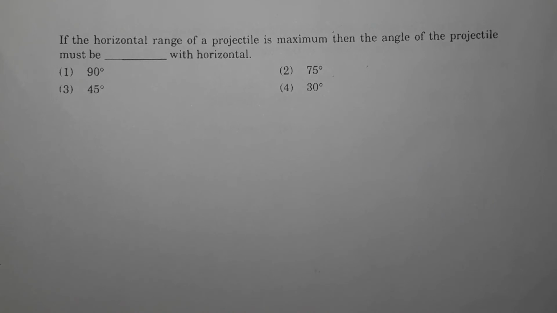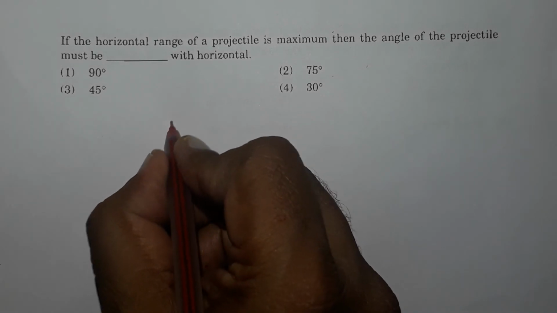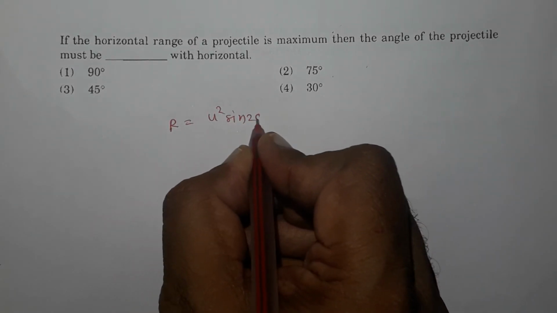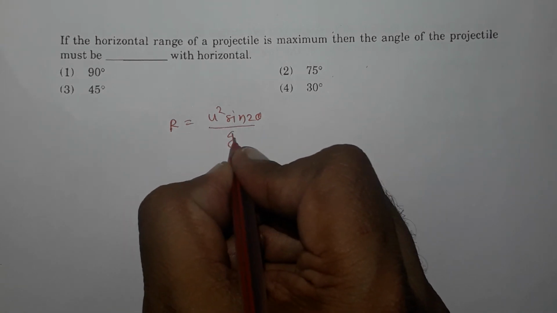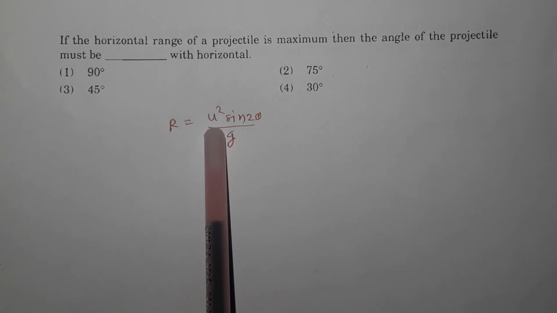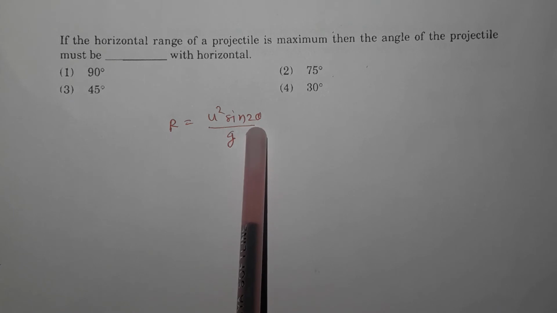If the horizontal range of a projectile is maximum, then the angle of projection must be dash dash with the horizontal. Now we know the formula for range: R is equal to u square sine of 2 theta divided by g. Here g is the constant gravitational acceleration, and if the initial velocity of projection is also constant, R is directly proportional to sine of 2 theta.